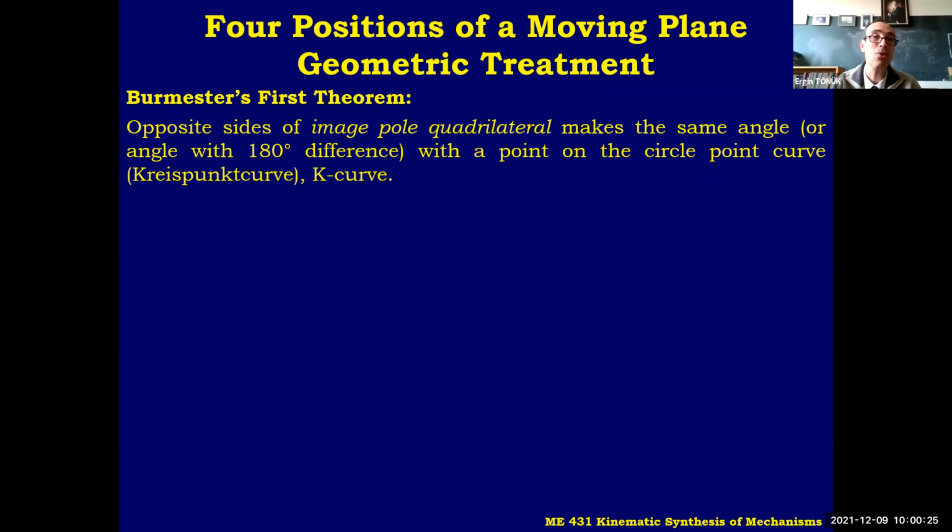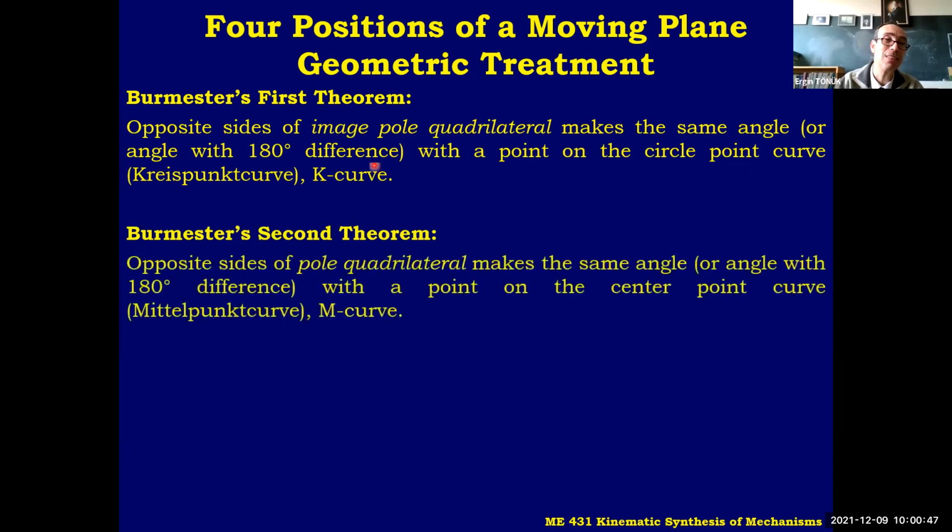Okay, if no questions, let me proceed with the second theorem, which tells the center point curve, or points for candidates for fixed locations like A0s. And it is actually just a copy paste of this. You just delete the image and you convert circle to center, or K to M, okay?